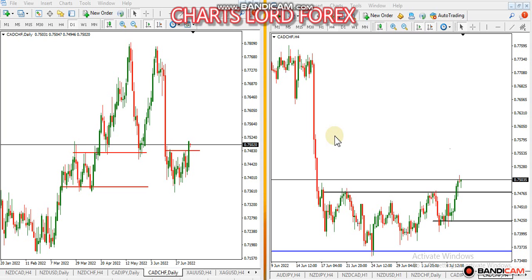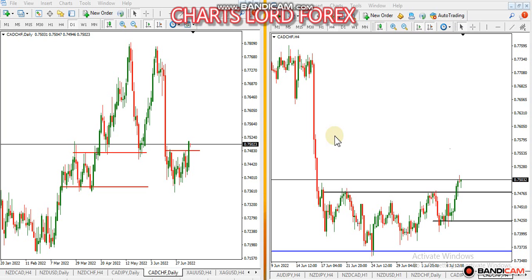This saves me from having to click on this time frame, then the other time frame. From my screen, I can easily look at both, the higher time frame and the lower time frame, almost at the same time.